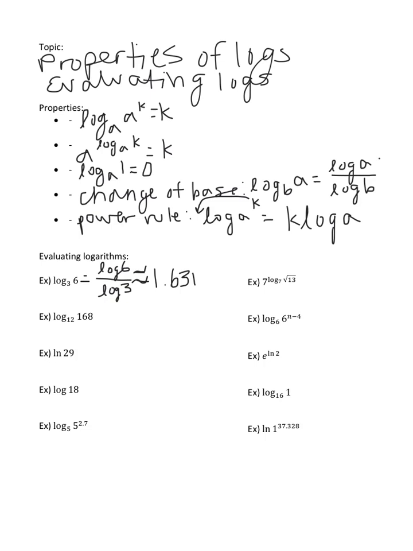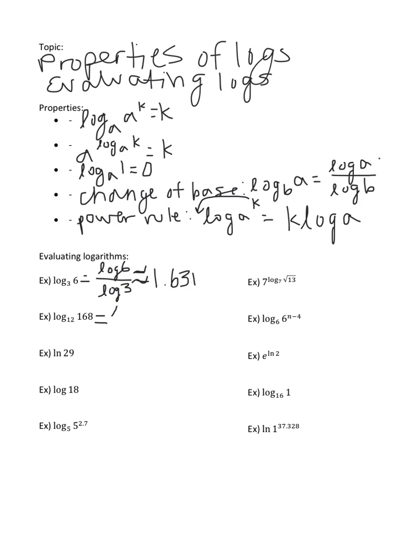Okay, let's try the next one. Log base 12 of 168. Same thing. I have no idea what I need to take 12 to get 168. If I take 12 squared, that gives me 144. But as soon as I cube 12, I get 1,728. So it's somewhere in between 2 and 3. So I can just type this in. And what's nice about change of base is that we can do natural log as well.